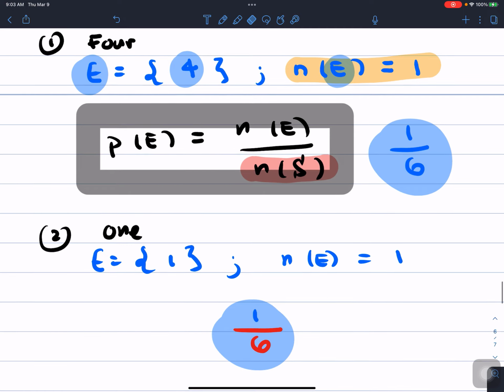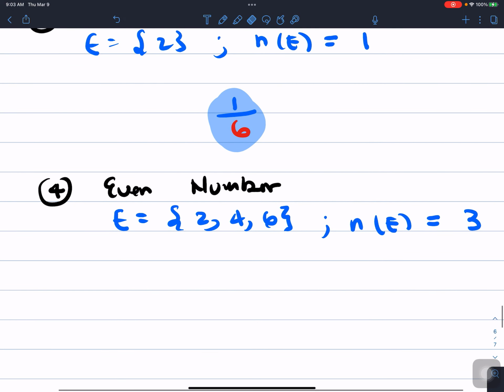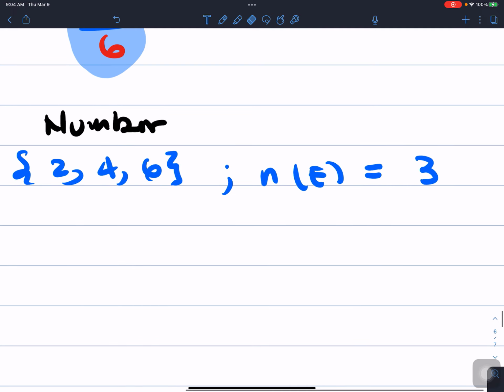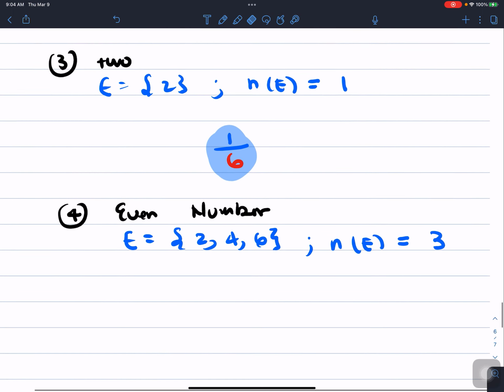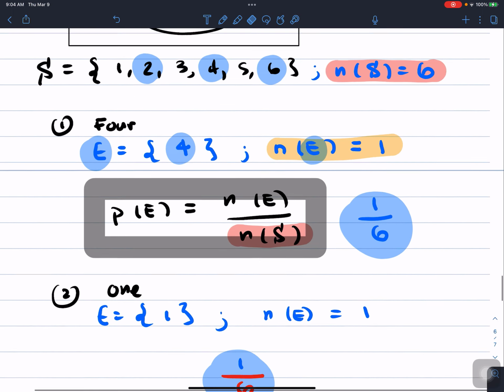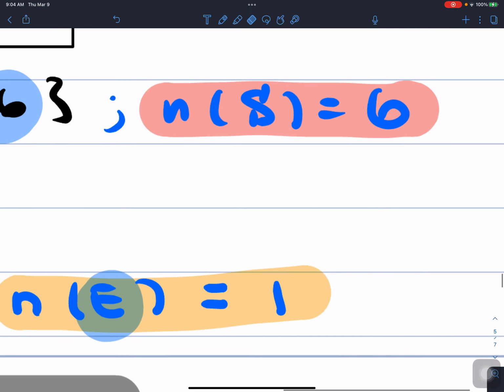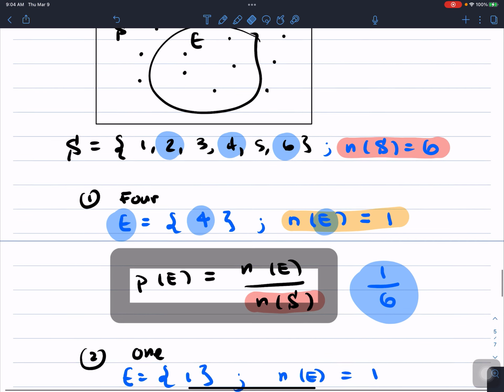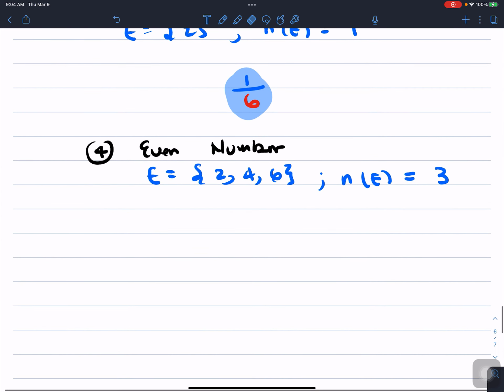Then I ask another question. Okay, now that you got your definition, how many outcomes are in the event? 3. Okay, good. Then I ask another question. How many outcomes are in the sample space? 6. I say, okay, then what do you think that is? And then what do you think people tell me? They'll say what? 3 over 6?